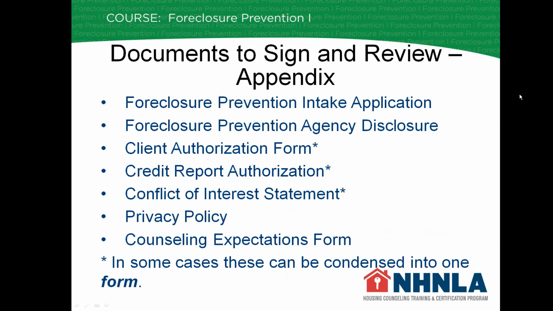Then the Foreclosure Prevention Agency Disclosure, your client authorization form, which is very important, the credit report authorization, and the conflict of interest statement. These three, you see with the asterisk, could all be combined into one document, and usually it's part of the agency disclosure form. Then the privacy policy, and the counseling expectations form.